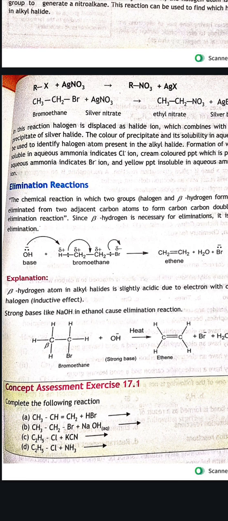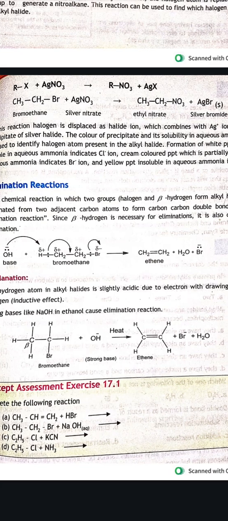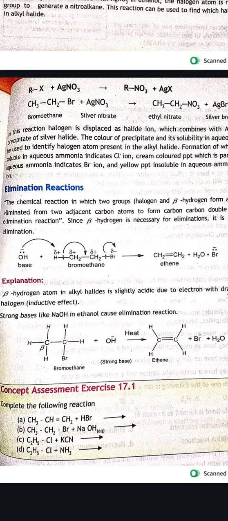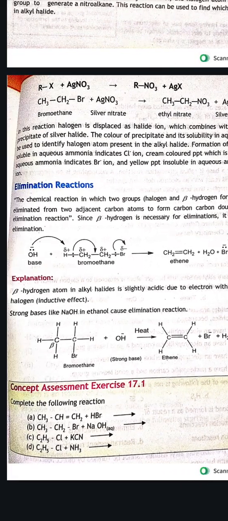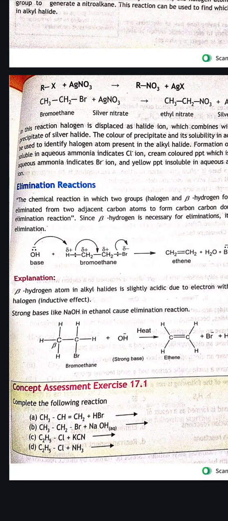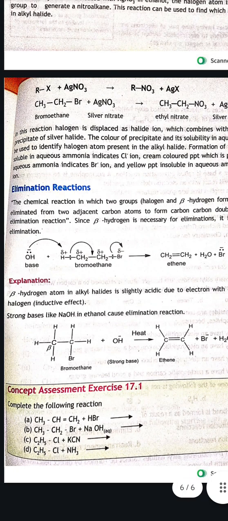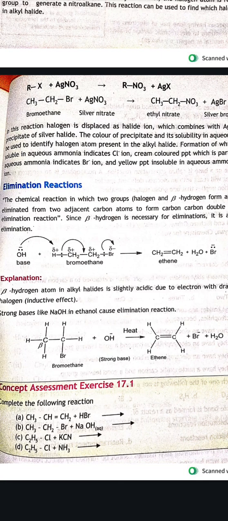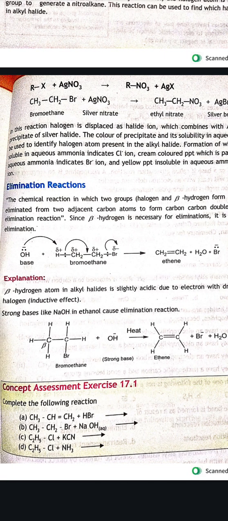Explanation: the beta hydrogen atom in alkyl halide is slightly acidic due to the electron withdrawing effect of halogen. Halogen shows a minus I effect, which is electron withdrawing, so the hydrogen becomes more positive and slightly acidic.